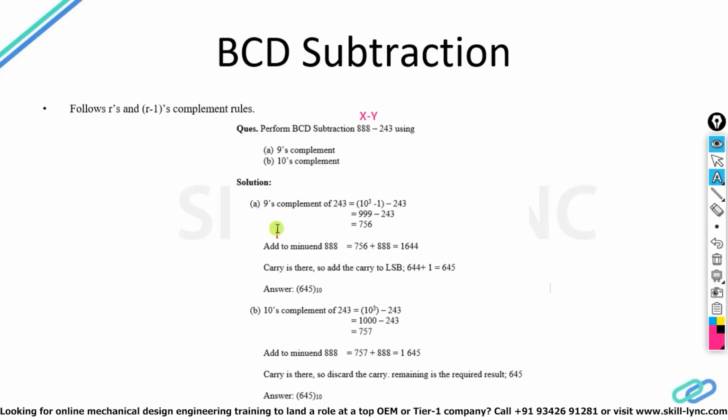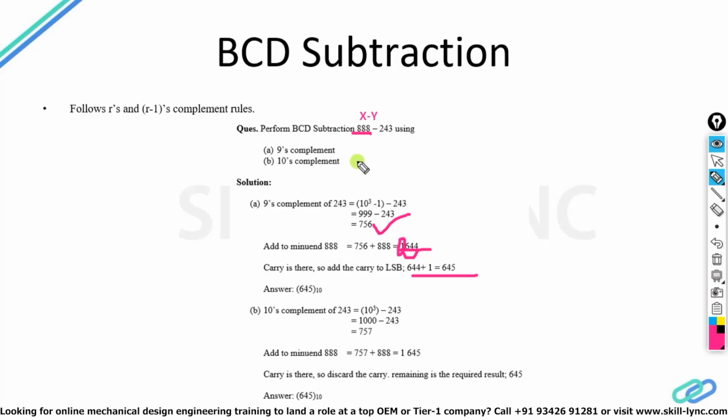So let us see what is happening over here. The 9's complement of y, that is 243, is 999 minus 243, that is 756. Now you will add this 756 to the 888 and check whether carry is there or not. Here it is 3 digits, here it is 4 digits. So you will add this carry to the LSB. So the answer will be 645.